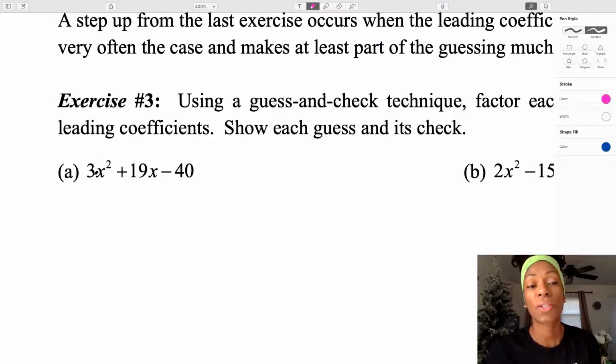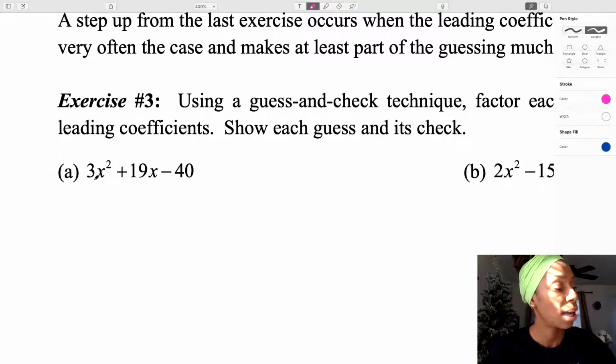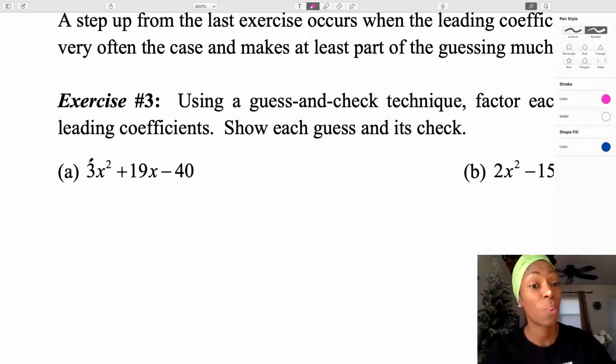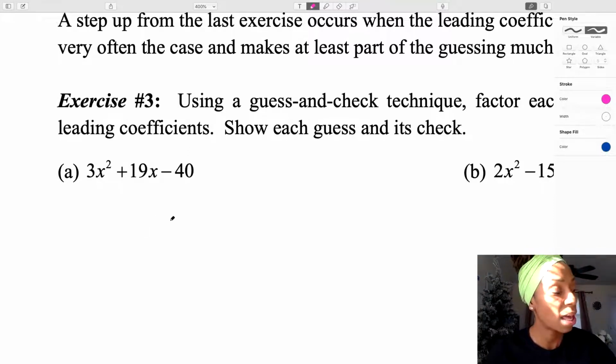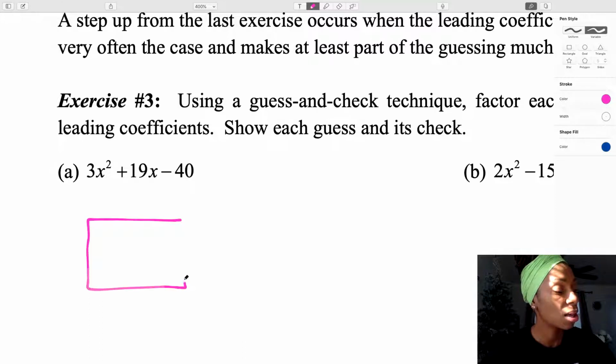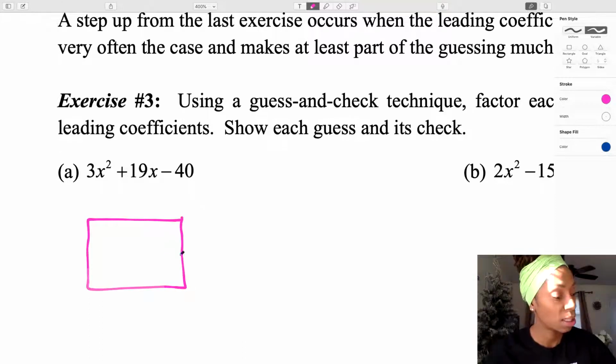Because if the coefficient of x squared was 1, you could just use the product sum method. You can't use the product sum method from the beginning when the coefficient is not 1, and it's 3. So let's go backwards and fill in the box first.